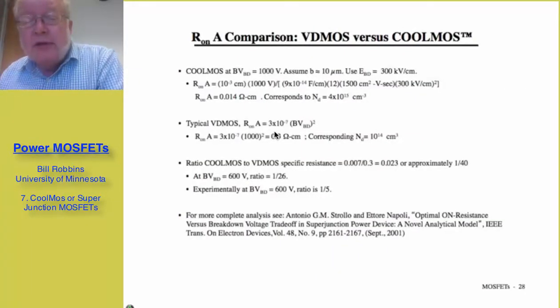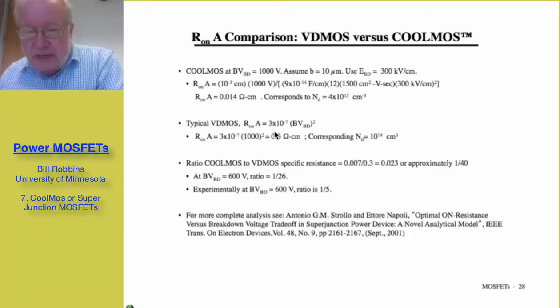I'm going to assume a 1000 volt breakdown. I'm going to assume the dimension B is 10 microns and use the 300,000 volts per centimeter. The on-state resistance, then, using the formula that I've developed, would yield about 0.014 ohms per square, I should say. This corresponds to a doping density of about 4 times 10 to the 15th.